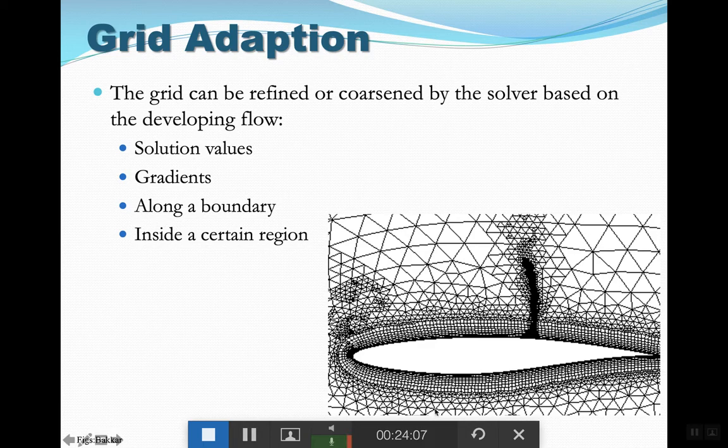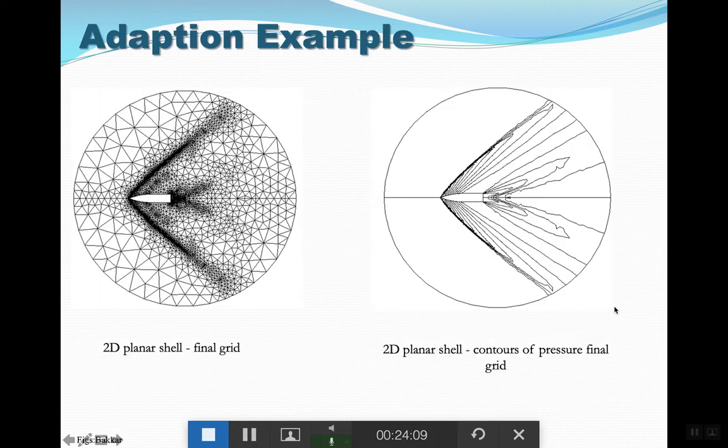For example, on an airfoil, or a better example, you have a bullet that is moving in the air. Because of the high velocity of the bullet, you will have compressed air just at the tip of the bullet, which means you will have a very large pressure gradient in this area.